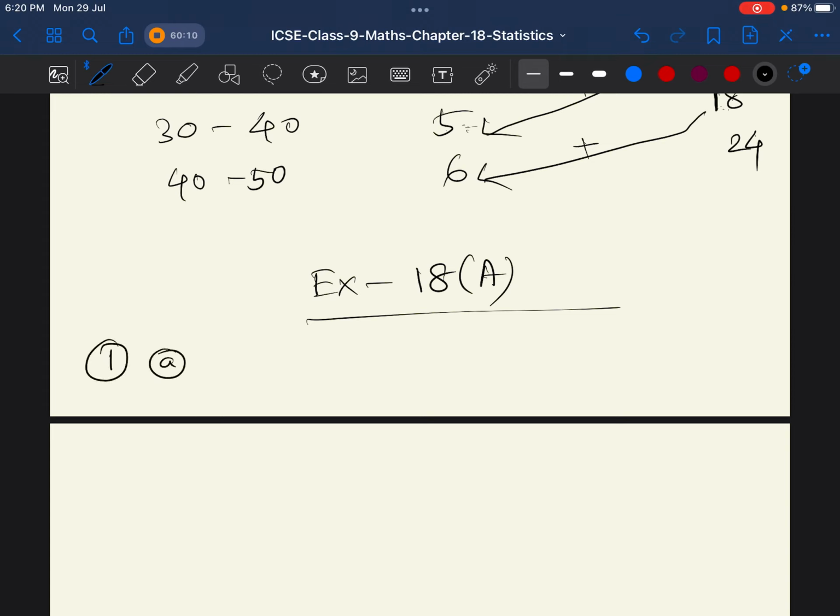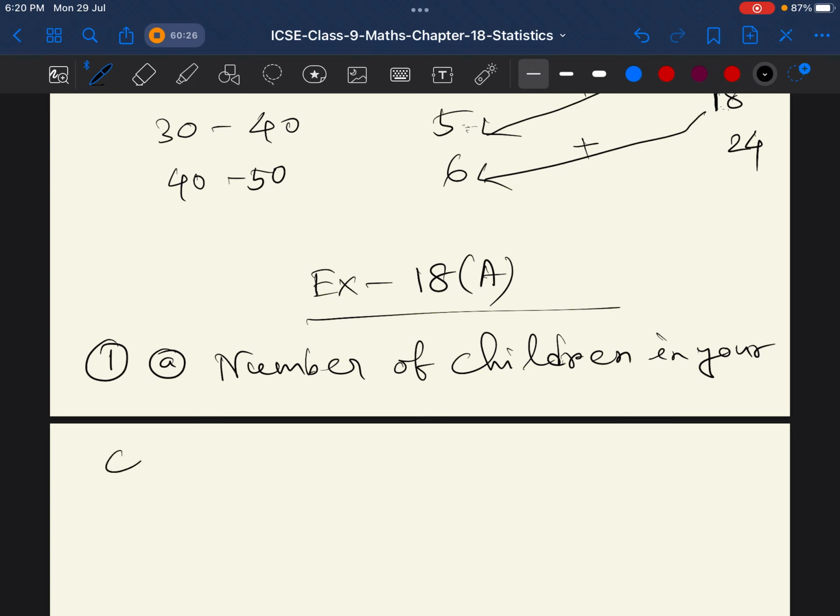First, the number of children in your class. It is discrete.